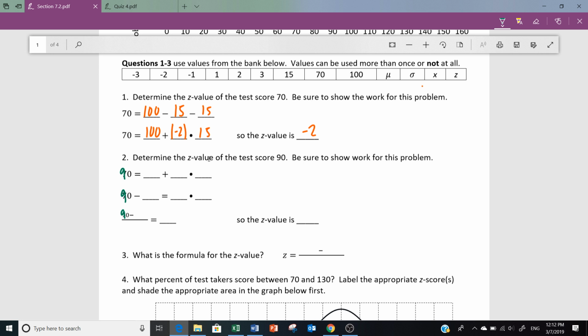For 90, it would be 2/3 because it's 10 and the standard deviation is 15. So what we can do is put a z in there. Here's a hint: we're not sure what the z-value is, so take the z symbol and just put the z in here, and that'll help you figure out what the z-value is. Exactly.